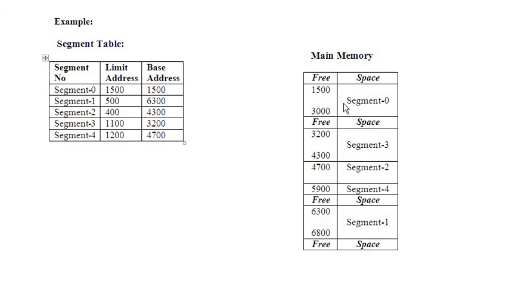These free spaces may or may not be utilized. This way the wastage of memory will be less, because the range is specified for a particular segment, and you can call this segment a process also if you want. So segments 0, 3, 2, 4 and 1 have been placed like this.